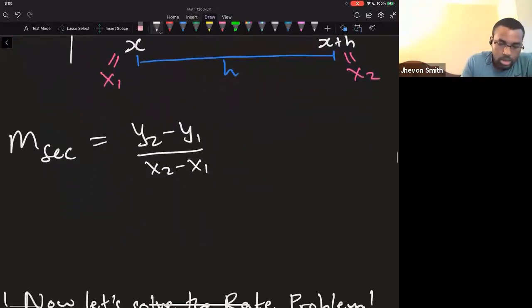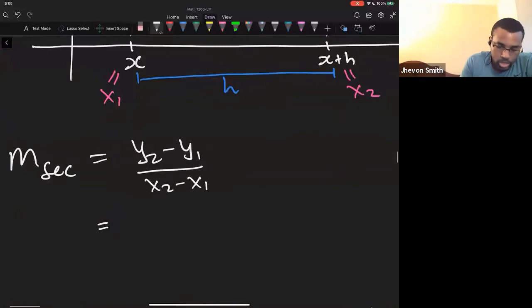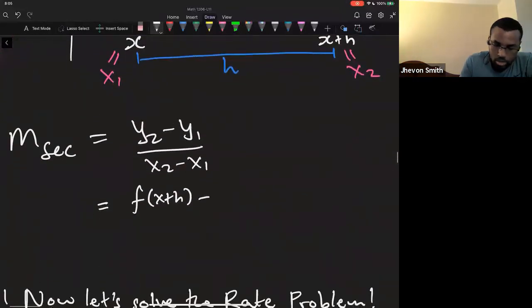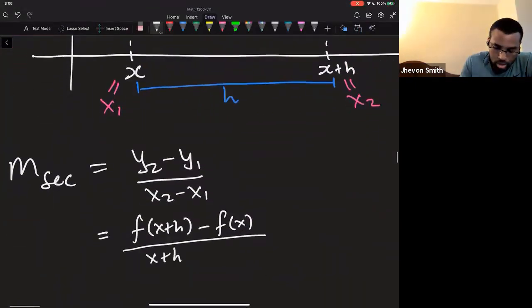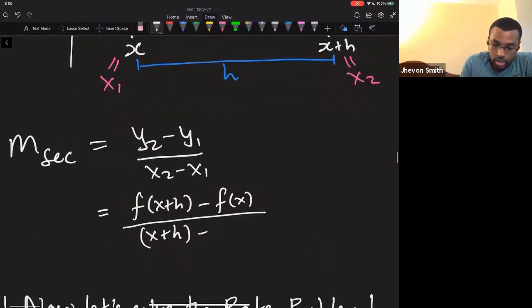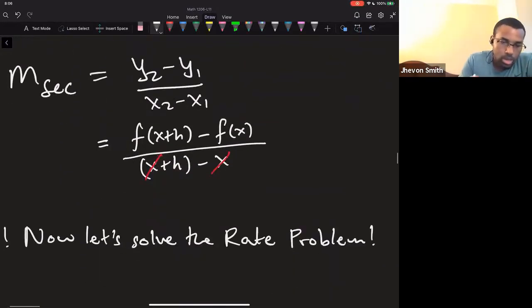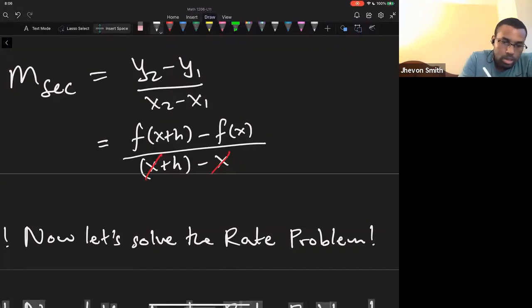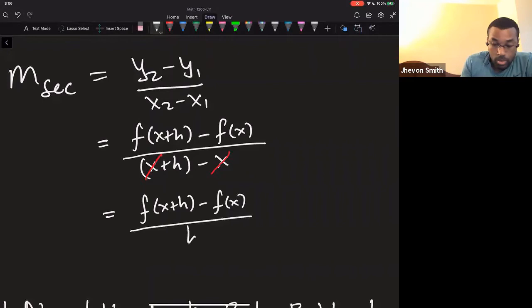Now if I plug that in, Y2 was f of X plus H. Y1 is f of X over X2 is X plus H. X1 is just X. So the X's cancel, get X minus X. And simplifying here, you get f of X plus H minus f of X all over H. Look at that, gasp, it's the difference quotient.